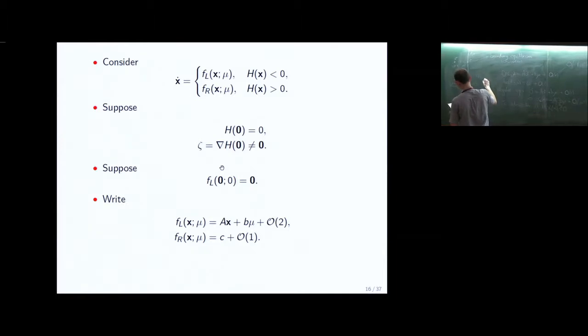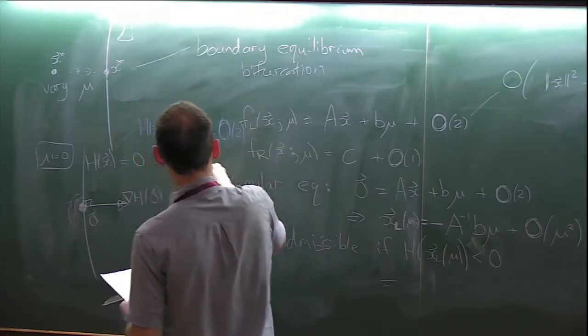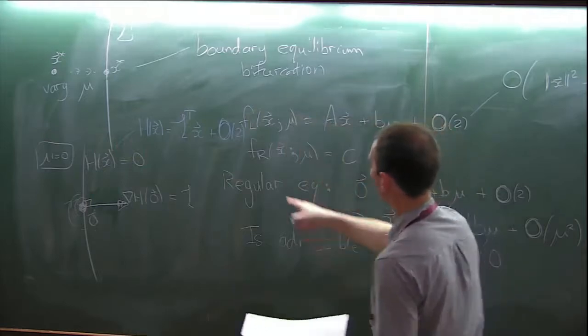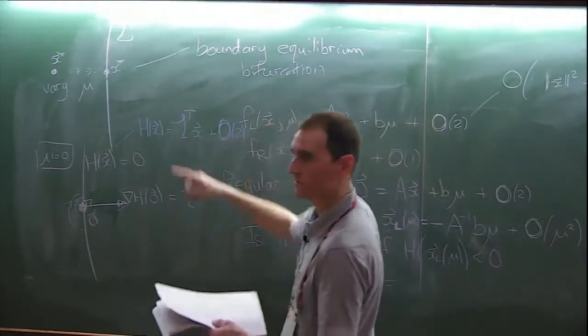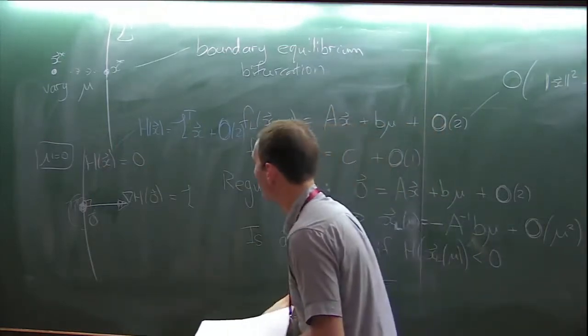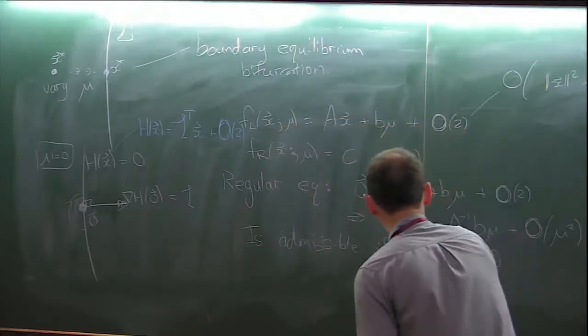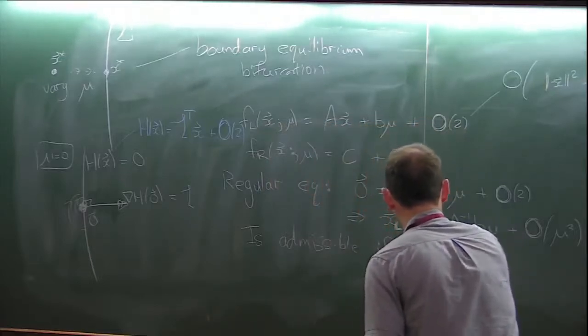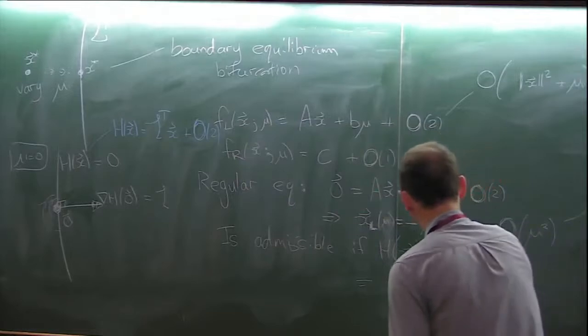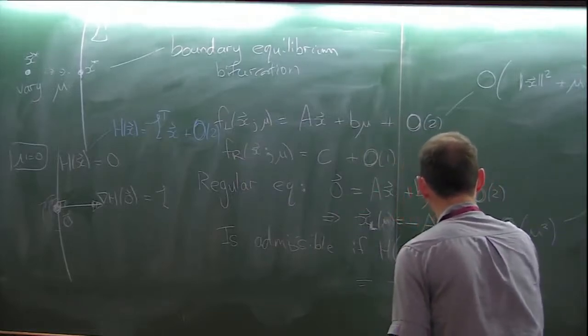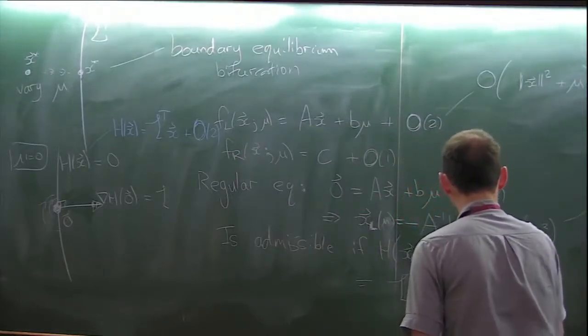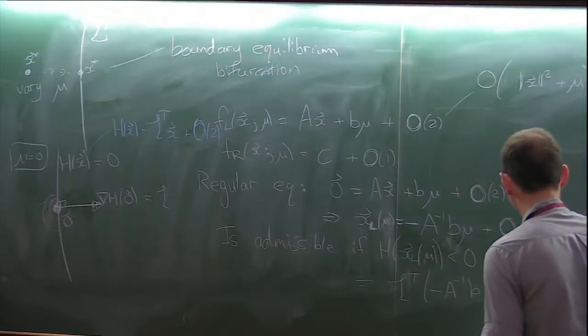H of x is the gradient zeta transpose x plus terms that are quadratic in x, and so on.